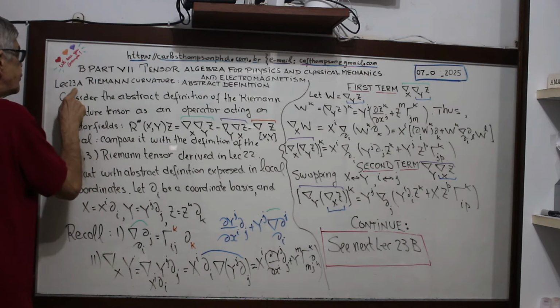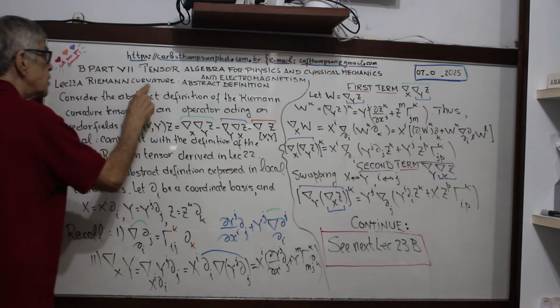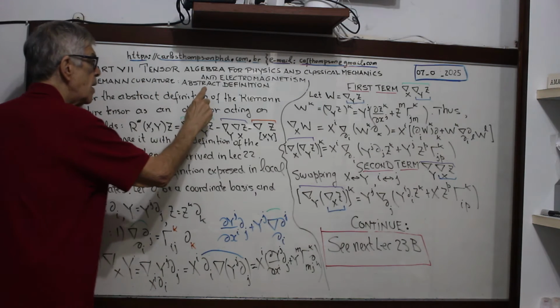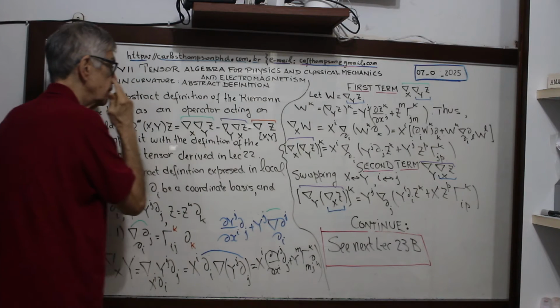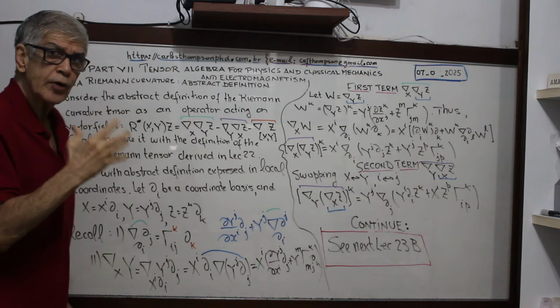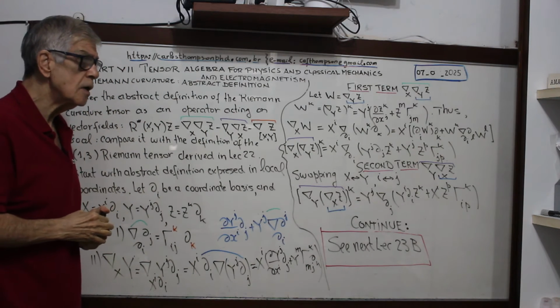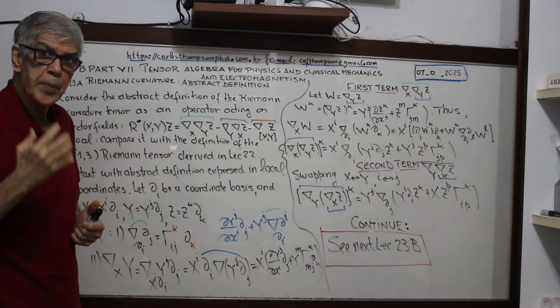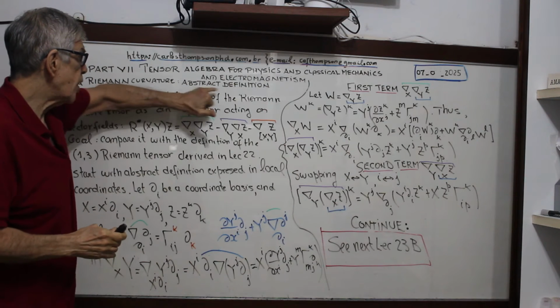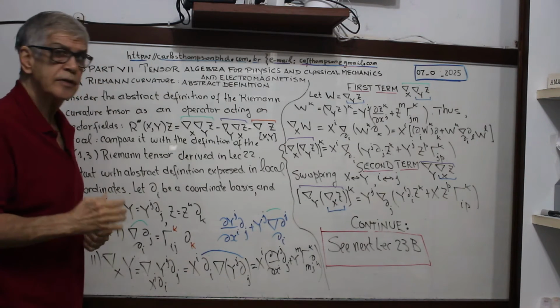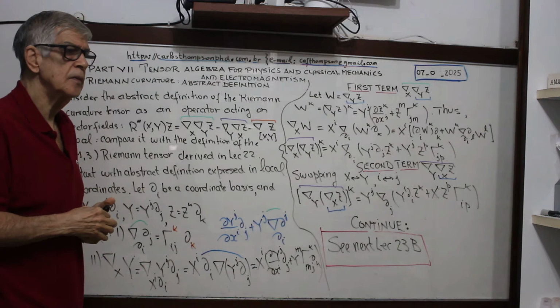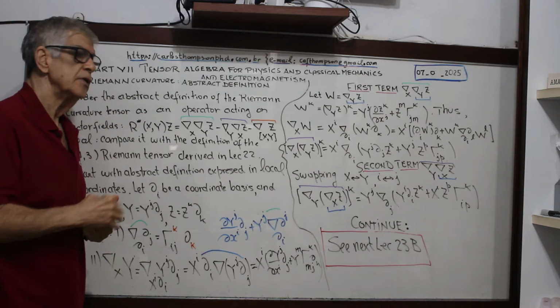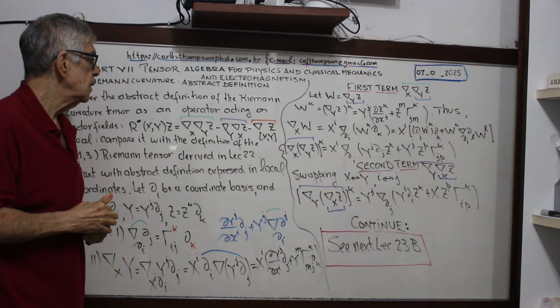Lecture 23a. Riemann curvature. Now, the abstract definition. Why the abstract definition? Because our goal is to compare the abstract definition with the formal definition, as we derived previously.